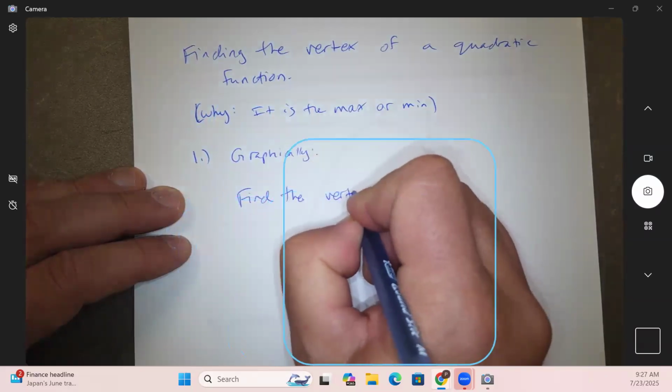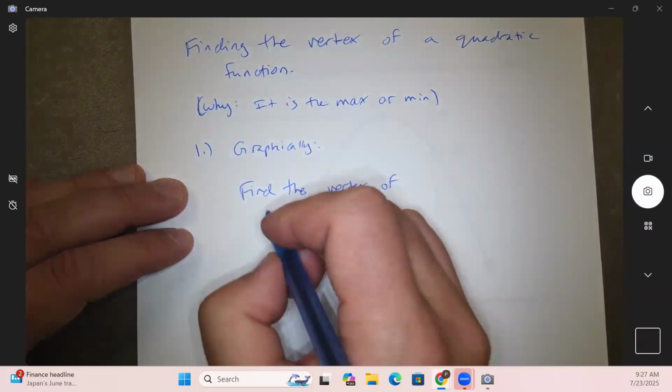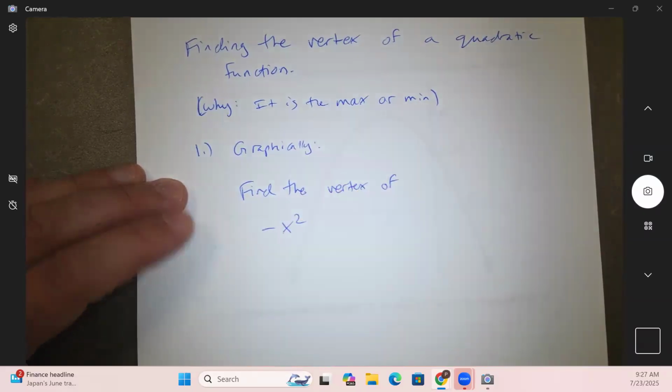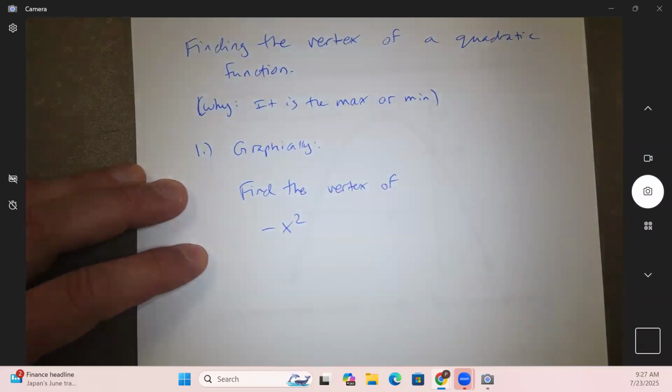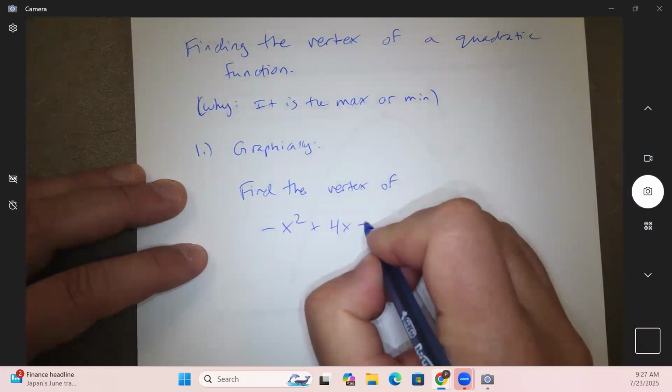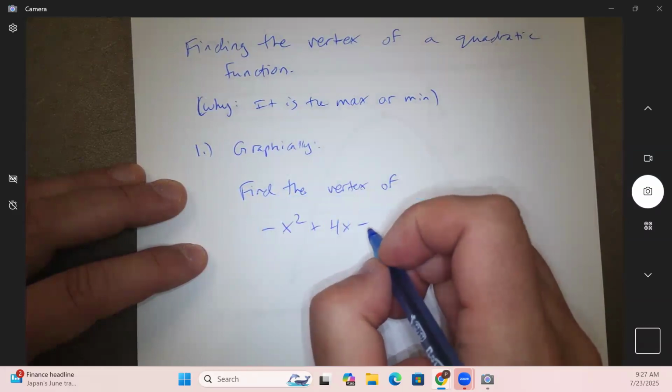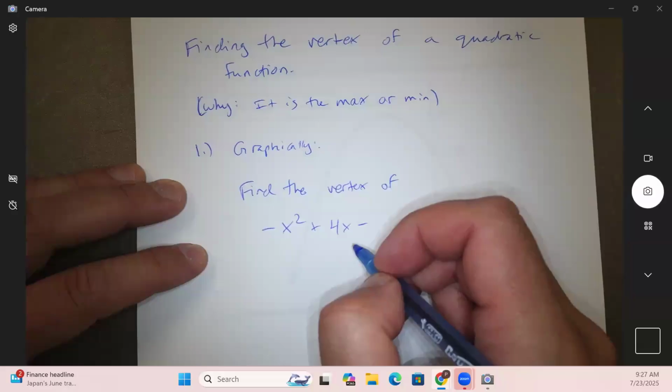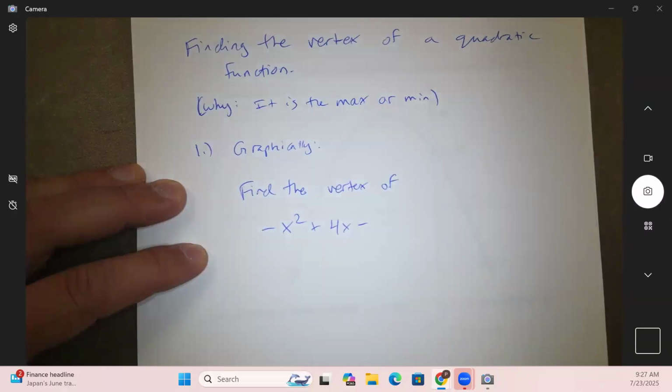Find the vertex of, let's do negative x squared plus 4x plus 5.